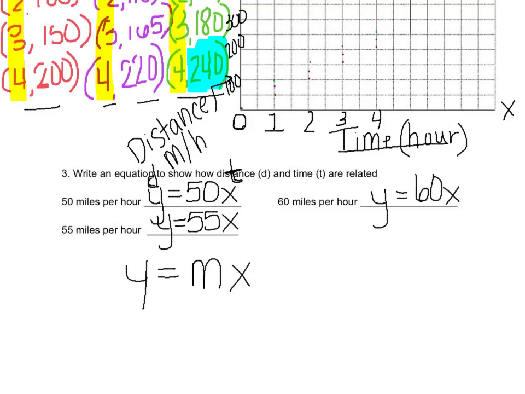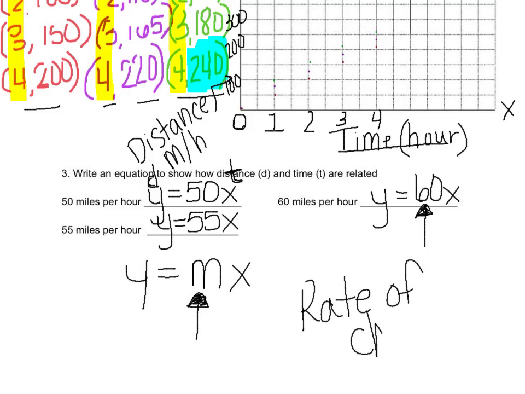So the biggest thing is that these numbers, these coefficients, or the m value in our form, is also known as rate of change. And it's by how much something changes or how much something increases. It could also decrease, but for right now we will look at positive examples.